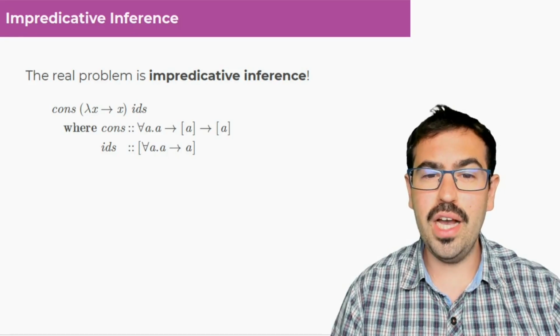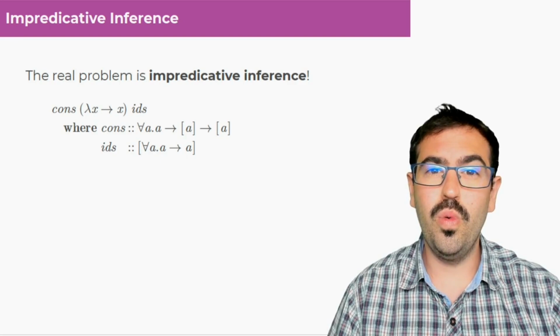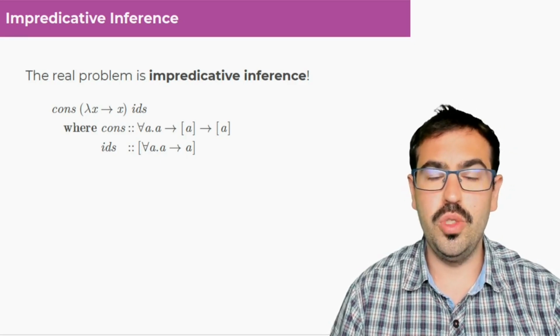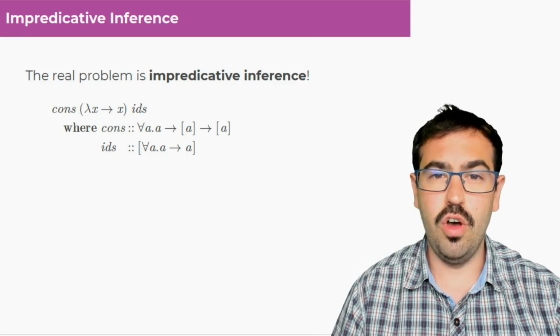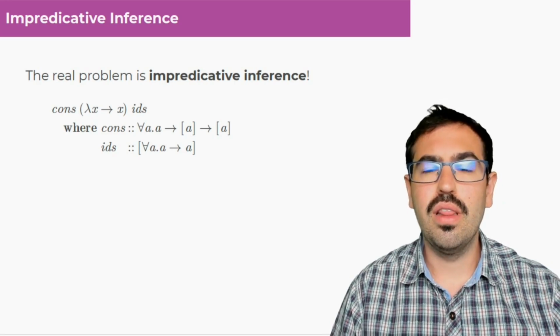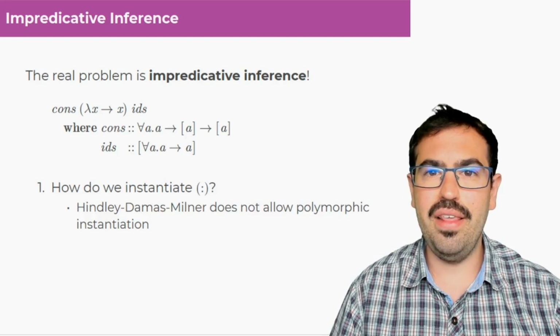So the problem actually is not impredicativity, but impredicative inference. We want to write something like here, where we cons an identity function to IDs, which is itself a list of for all a to a's, and we want the inference engine to be able to add anything we need.